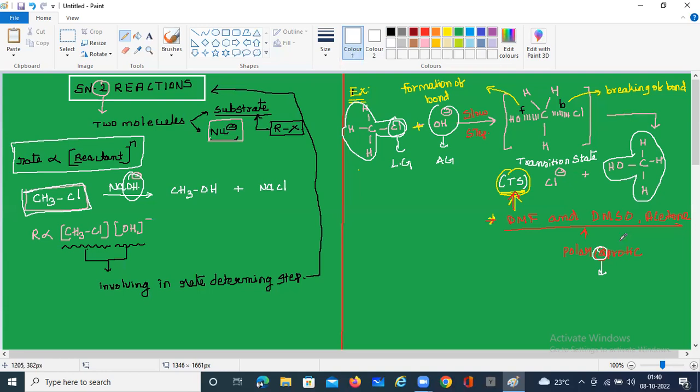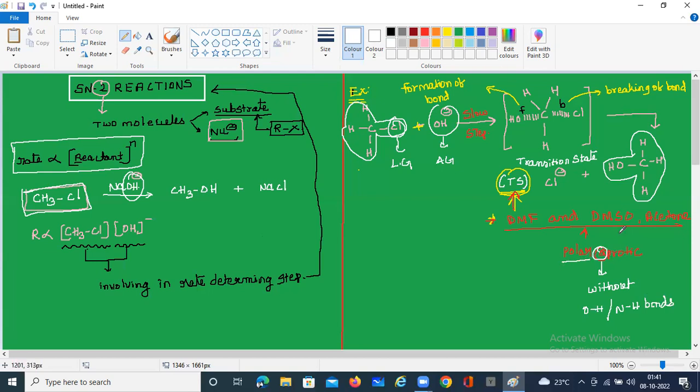Here A stands for without, otherwise absent. Without what? Without OH or NH bonds; there should be none. Such solvents are known as aprotic solvents, and they should be polar.